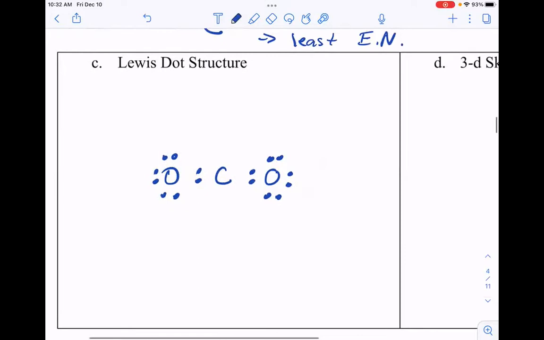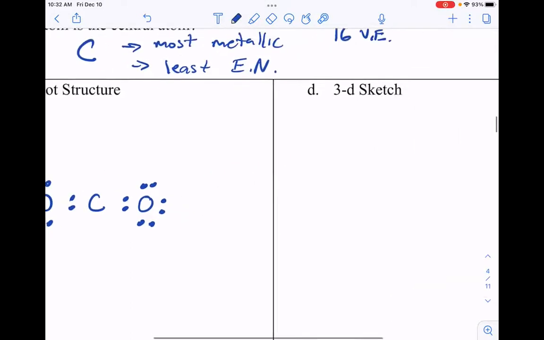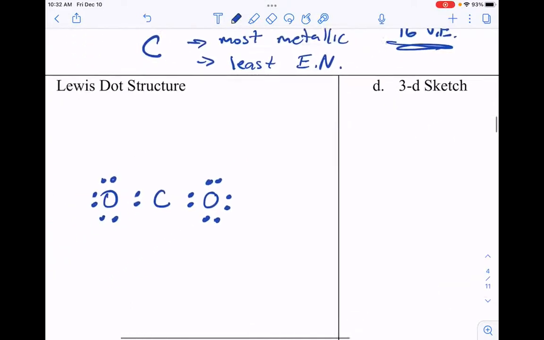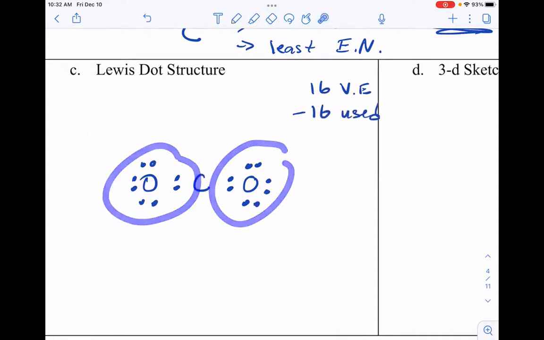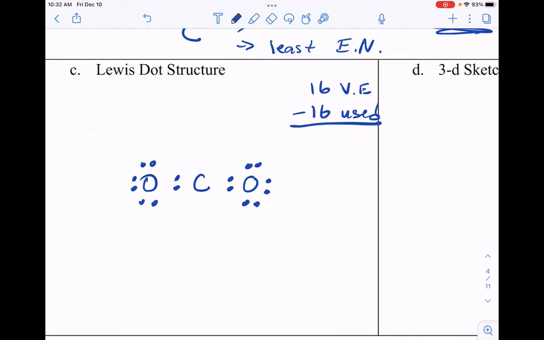And so according to my calculation, I have to place 16 valence electrons, and I've used 16 valence electrons. So 8 plus 8 is 16. And so this calculation lets me know that I have 0 lone pairs.